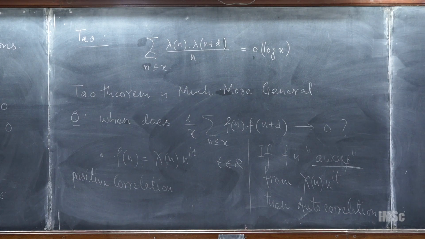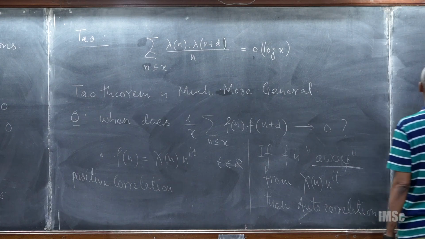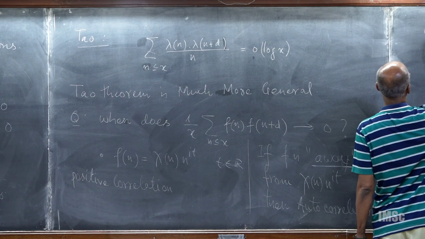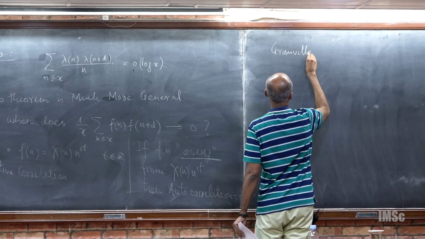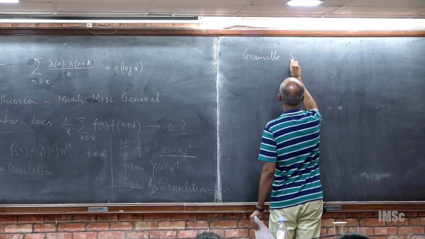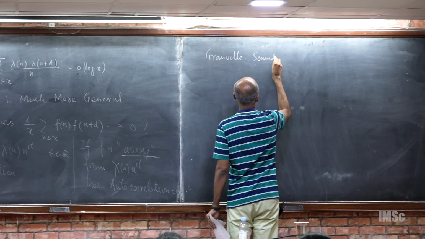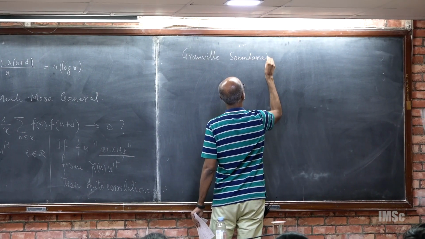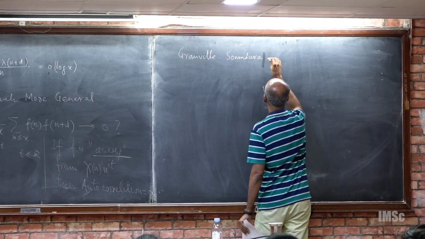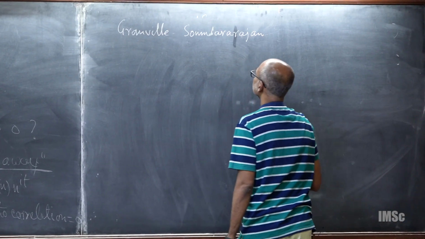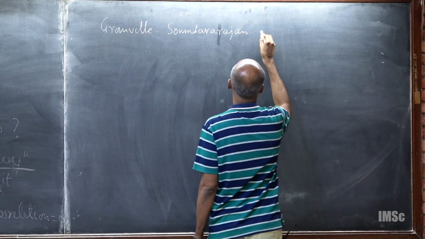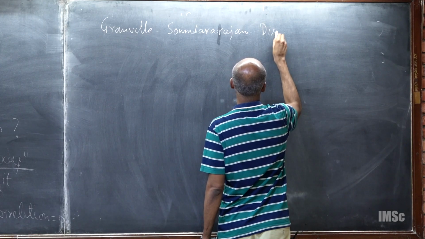That brings us to the distance between multiplicative functions, which is now known as the Granville-Soundarajan distance.